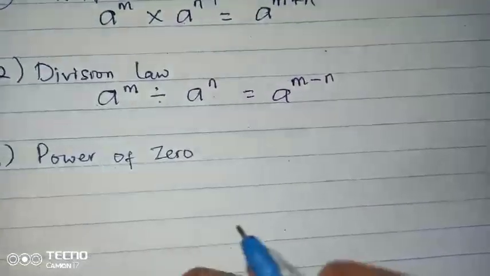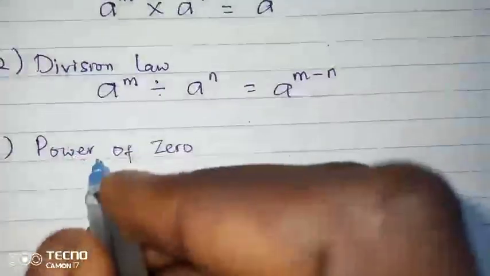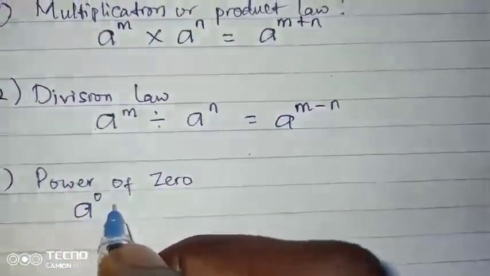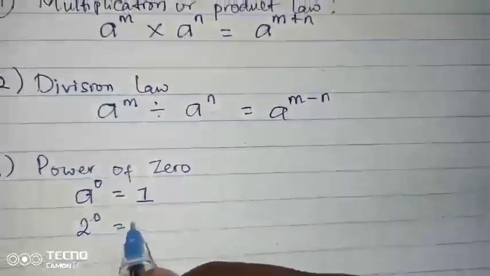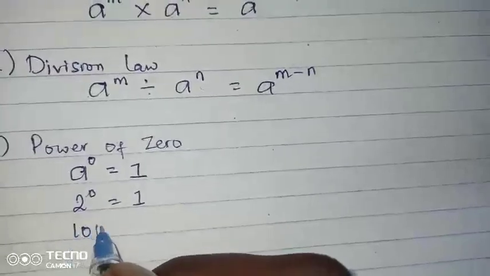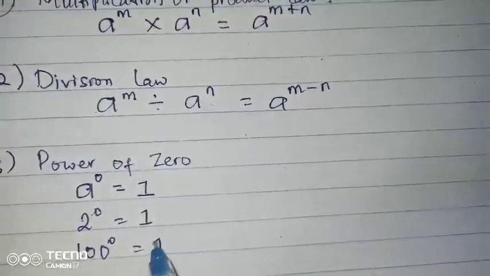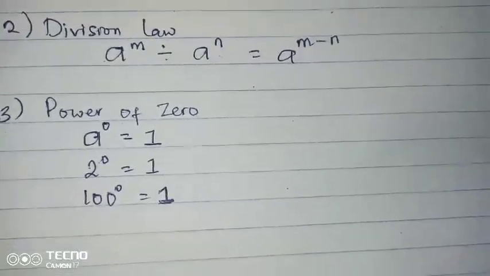It can be 1, it can be 10, it can be 100, as long as it is not 0. So if we have a to the power of 0, it will definitely give us 1. 2 to the power of 0 is still 1. 100 to the power of 0 is 1. 1 million to the power of 0 is 1. As long as the base is not 0.